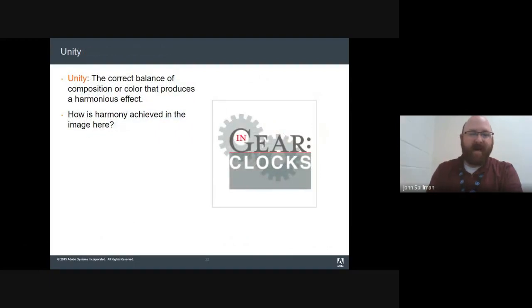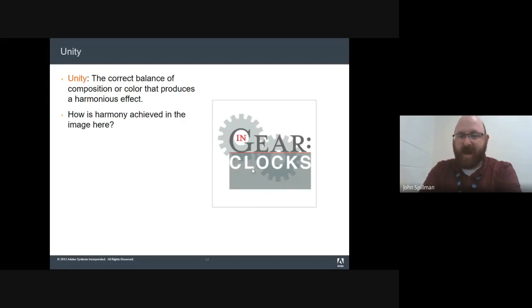Okay. Next thing we have is unity. And that's going to be the correct balance of composition or color that produces a harmonious effect, all right? So unity kind of boils down to anything that ties the design together. Something you use or you see used consistently in a design could be an example of unity, all right? So if we look at this logo here, we would say this is some sort of business.